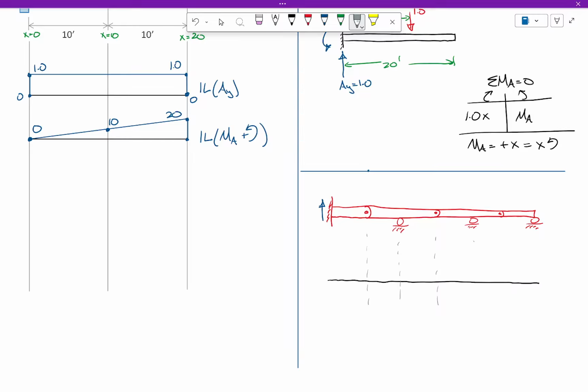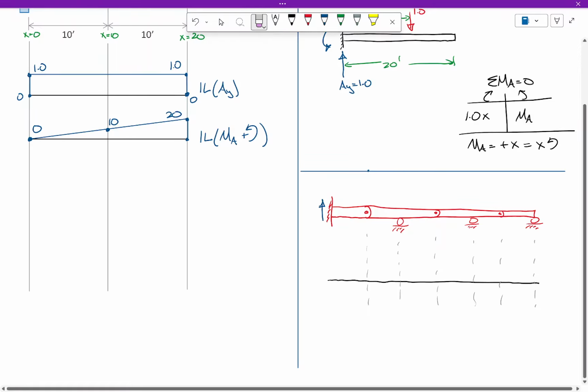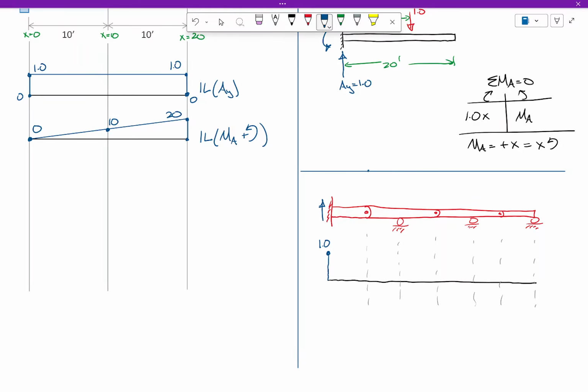Let's go back to our basic definitions. Okay. All right. We know that the influence line is going to equal 1 right here, right? It's going to equal 0, 0, and 0.